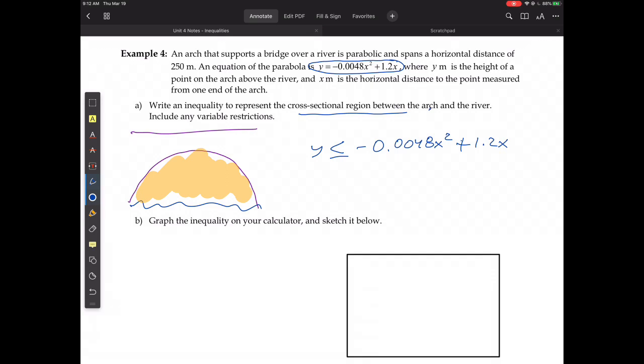If I have to state what the restrictions are, well, I know that I don't want to dip down into the water, so I also know that y has to be bigger than or equal to 0.